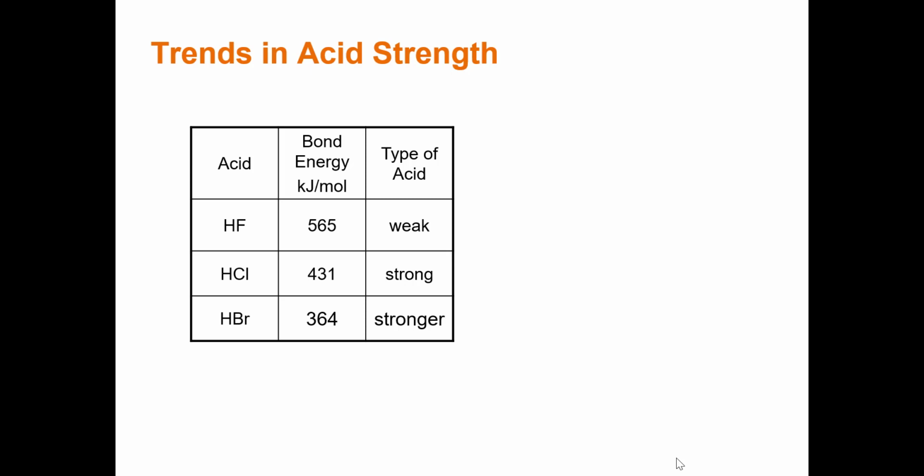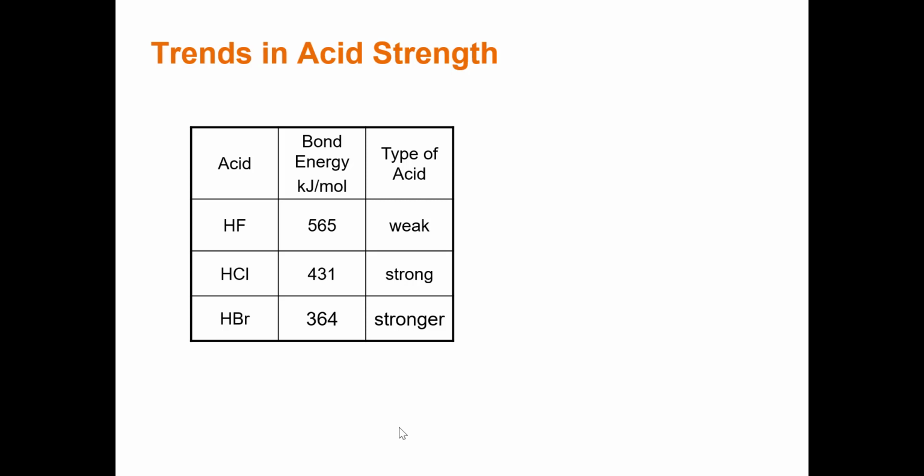So hydrofluoric acid is weak, whereas hydrochloric is strong, and we're saying hydrobromic is stronger. They are both strong, but if we were able to measure them outside of an aqueous solution, we would see that hydrobromic is actually even stronger than hydrochloric.